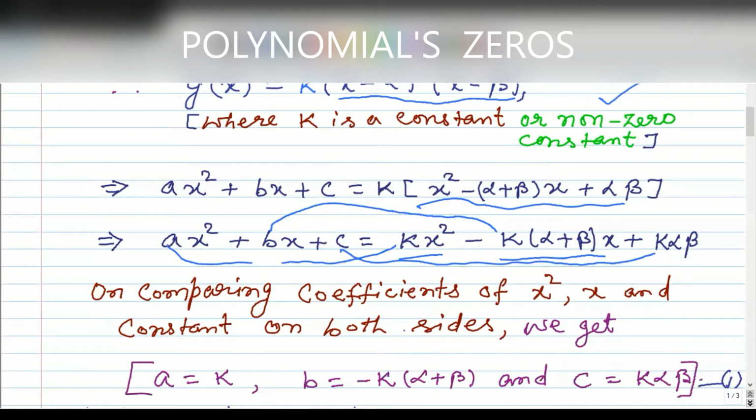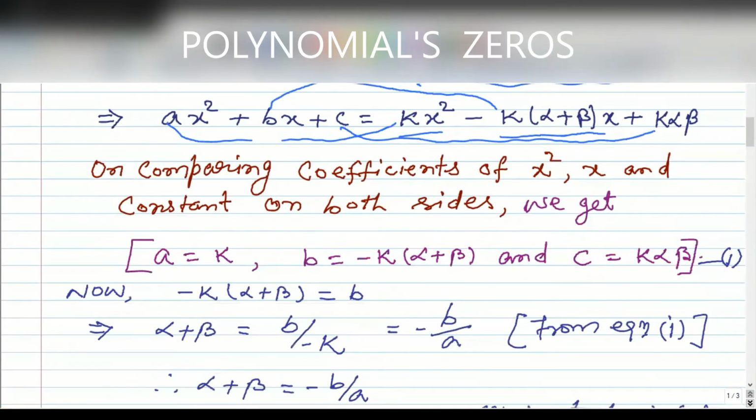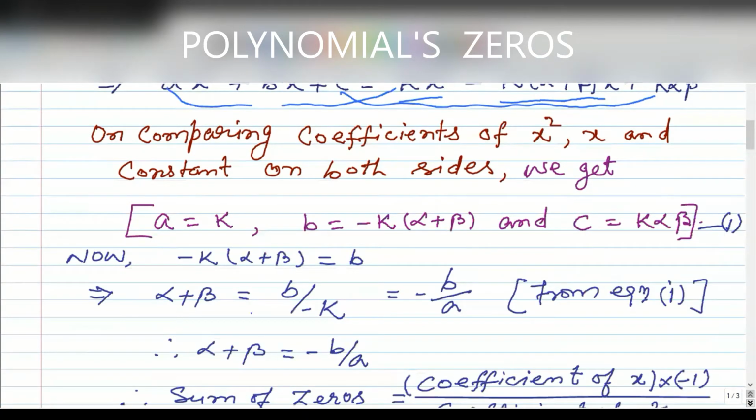Take it as equation 1. Now, b equal to minus k(alpha plus beta) implies that alpha plus beta equal to minus b by k, and comparing we get k equal to a. Therefore, alpha plus beta equal to minus b by a.